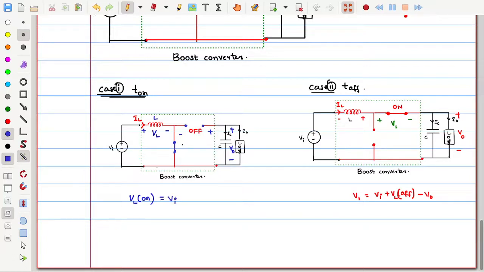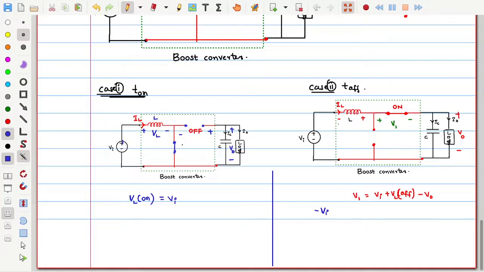It is straightforward, I am not even writing KVL: minus Vi plus VL is equal to 0. So this is during the on state. What about during the off state? During the off state, minus Vi.